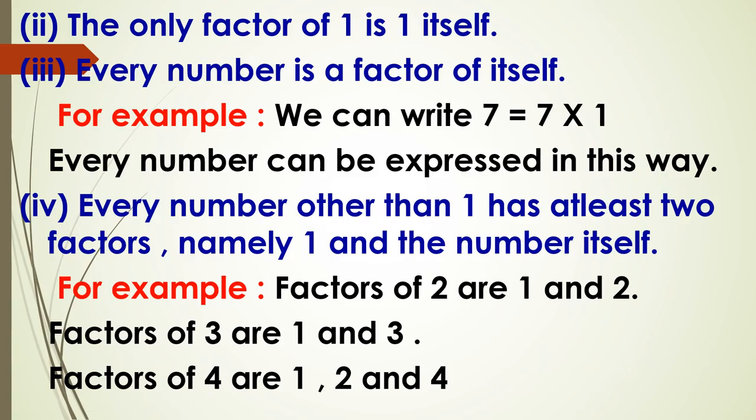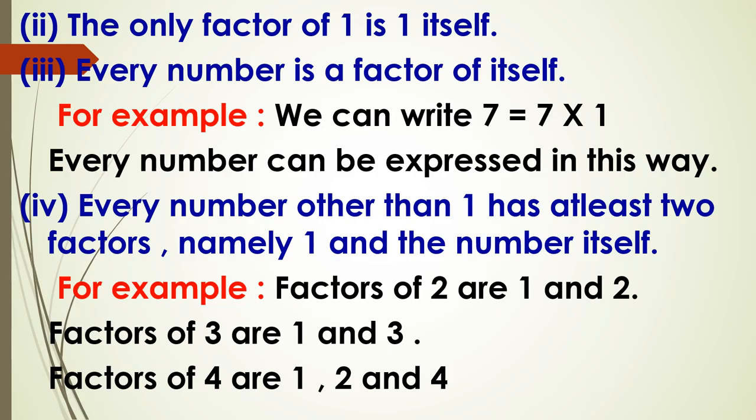See, two factors of 2 are 1 and 2, 1 and the number itself. Factors of 3 are 1 and 3, 1 and the number itself. Factors of 4 are 1 and the number itself 4. But other than this, there is 2 also. So, there are at least 2 factors, 1 and the number itself, but more than 2 is also possible.